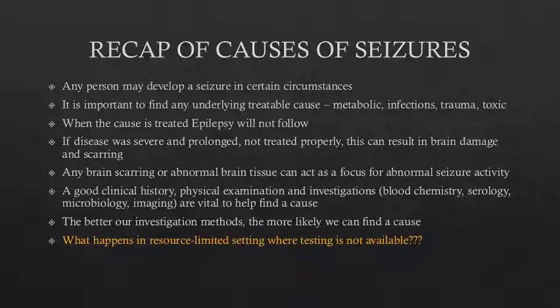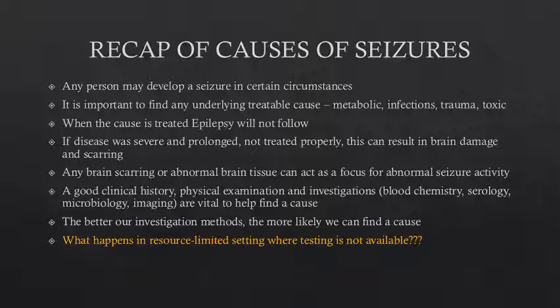A good clinical history, physical exam, and investigations are all vital to helping us find an underlying cause. The better our investigation methods, the more likely we can find a cause.